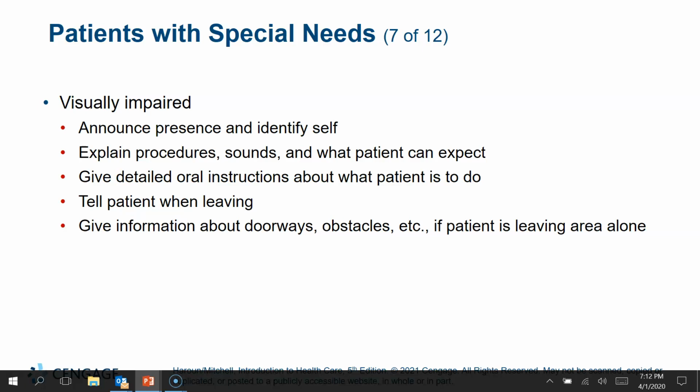Sometimes people will use the cane and they can feel obstacles. Some people have service dogs, but I always tell my patients, there is a doorway that we're going to be turning left into in about 10 steps. I also sometimes use the clock as a reference.